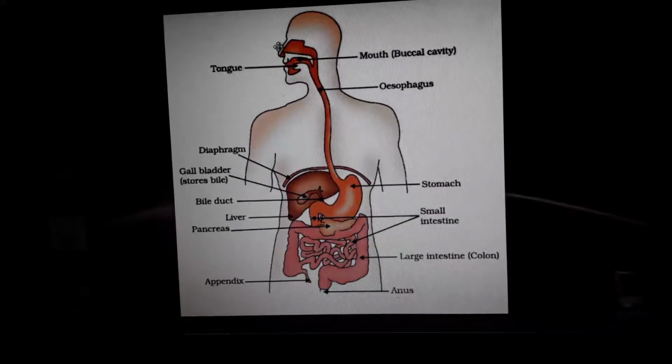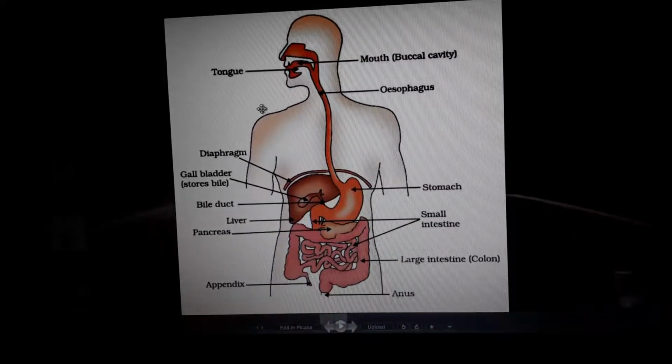So first we chew the food, and salivary glands are inside our mouth. Understand? Salivary glands secrete an enzyme. Salivary amylase is the name. What are enzymes? Actually, enzymes are biocatalysts which are used in the digestion of food.